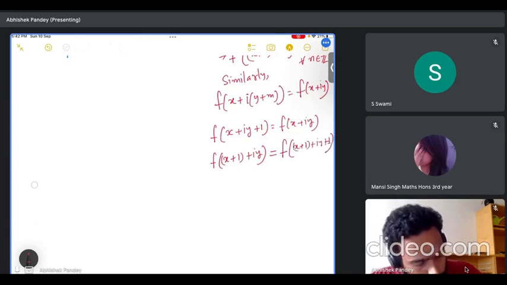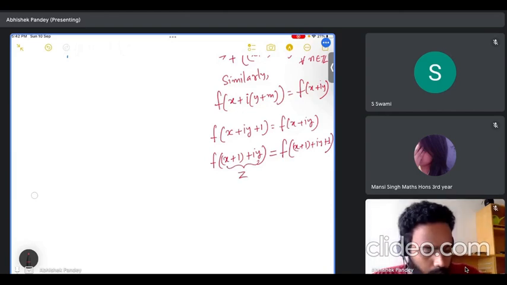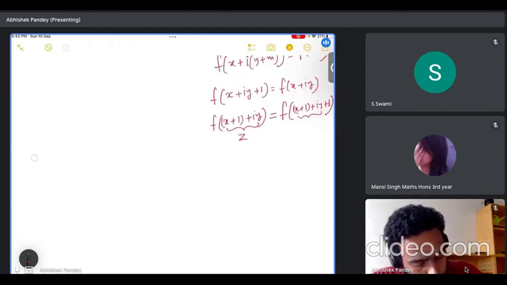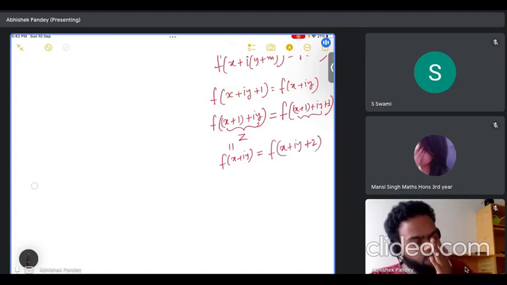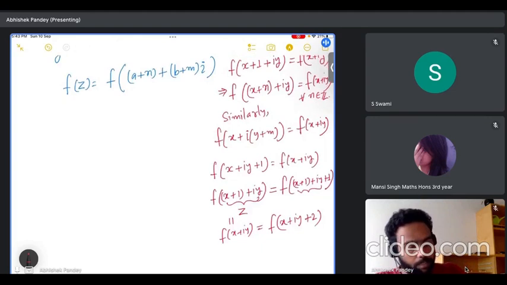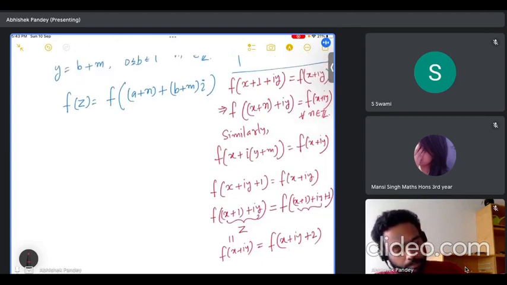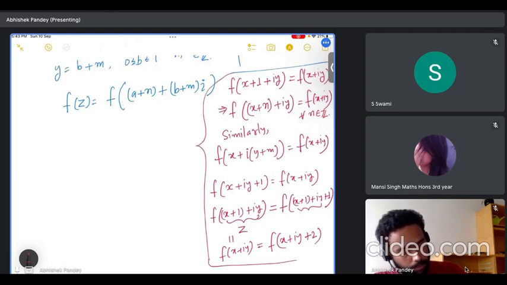Now consider this one as z, so f of z plus 1 is equal to f of z. This one is already equal to f of x plus iy, and this is f of x plus iy plus 2. Similarly you can prove it for any natural number n. So this is what I have written, x plus n plus iy. This is just for the explanation.